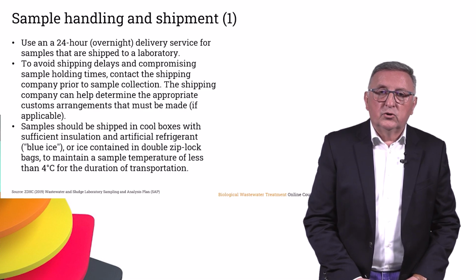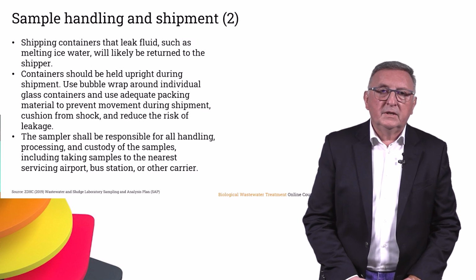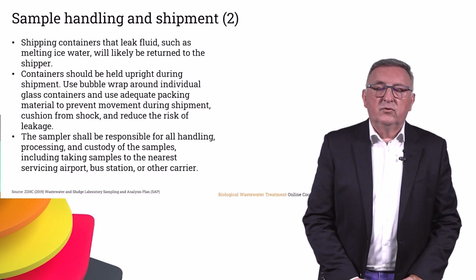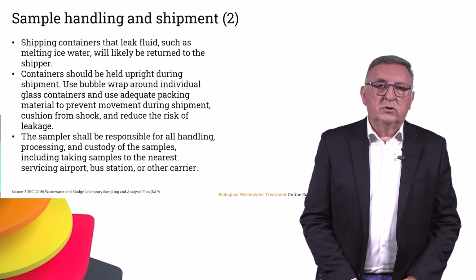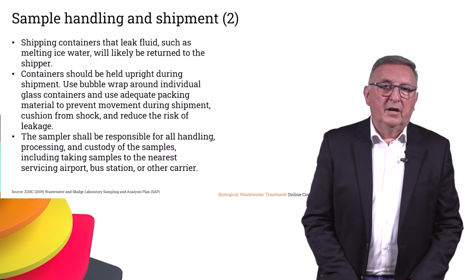Samples should be shipped in cool boxes with sufficient insulation and artificial refrigerant, blue ice, or ice contained in double Ziploc bags to maintain a sample temperature of less than 4 degrees for the duration of transportation. Shipping containers that leak fluid, such as melting ice water, will likely be returned to the shipper.